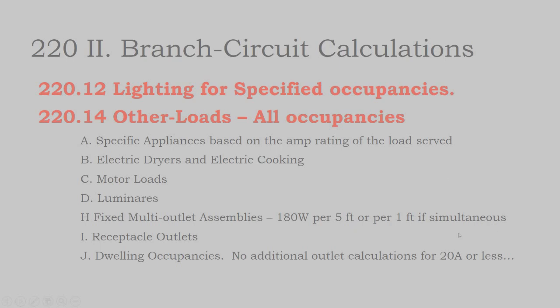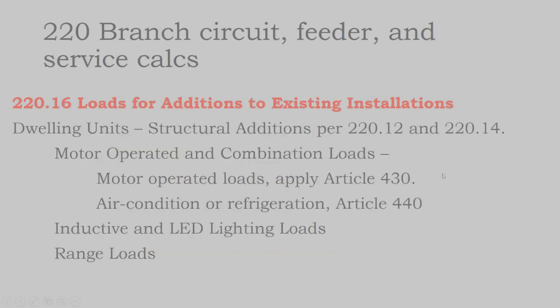And you will have specific calculations for every specific kind of power device in code. So especially for your perhaps non-continuous loads like dryers and range stoves, or commonly found loads like lighting loads or receptacle loads, have different rules, as well as separate rules for dwelling units versus non-dwelling units.